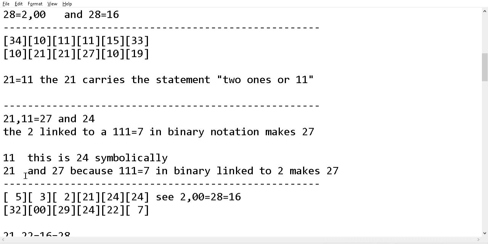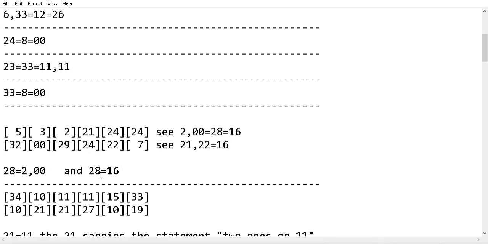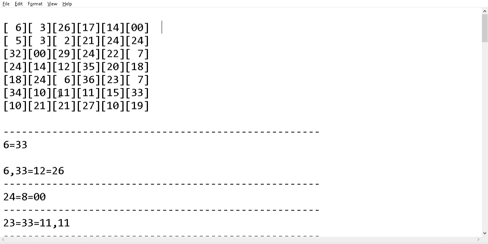And it's also equal to a 27, because you got the 111 here in binary notation. 111 is equal to 7 in binary notation. And when you link that to a 2, it makes a 27. So what you got is a 2 linked to a 111. That's 27. You can see right here, I'll bring this back up here. You have the 1121, right?